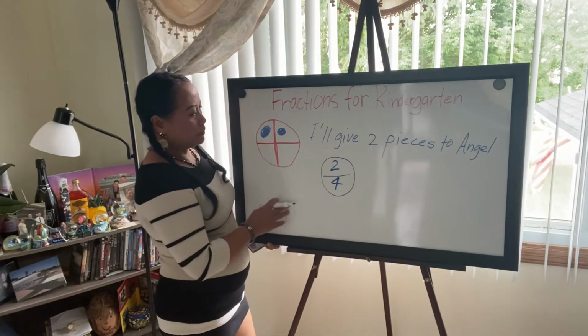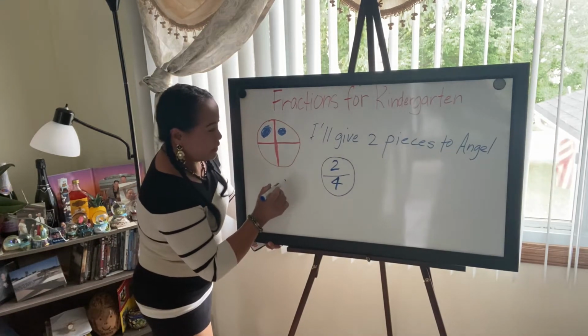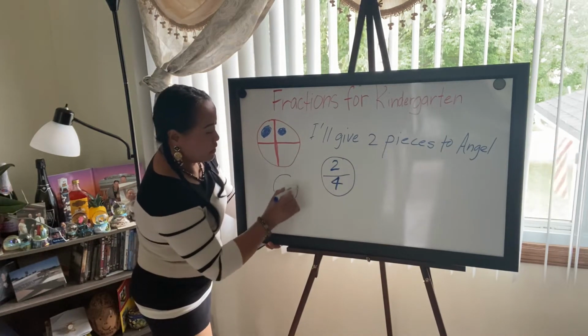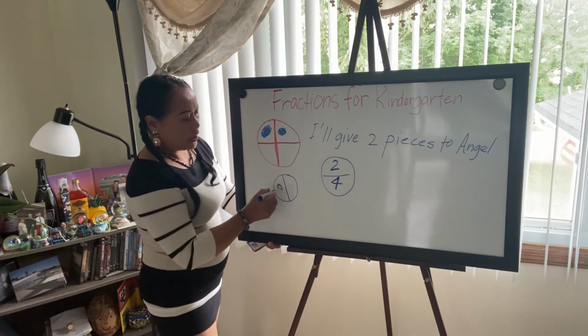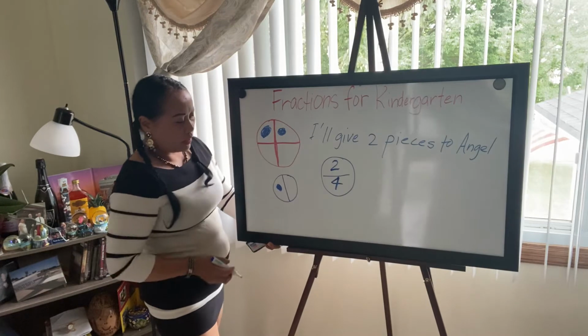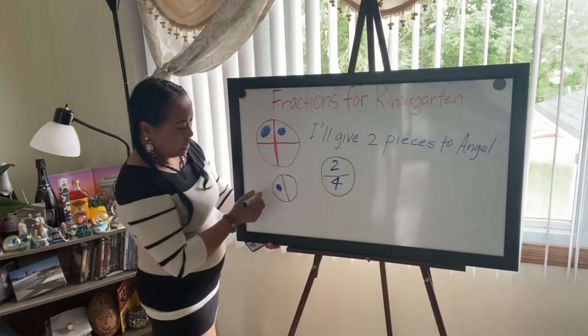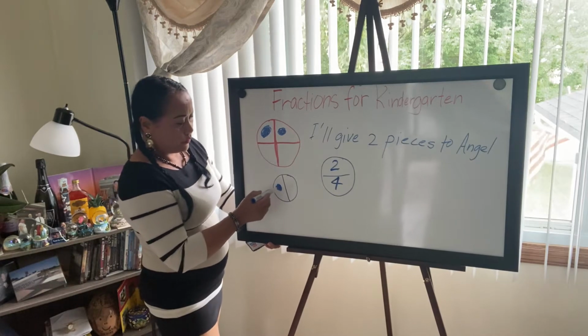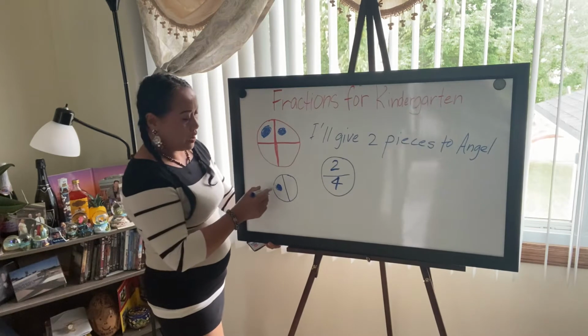Okay? Now, another one, like this. Let's shade this part. Now let's write it into a fraction. How to write this in a fraction? Let's count first the shaded part. How many shaded part?